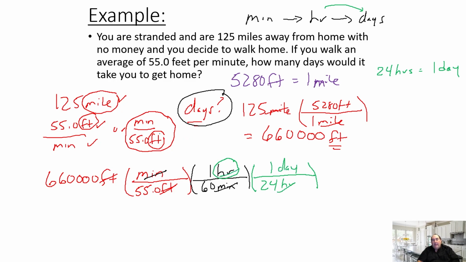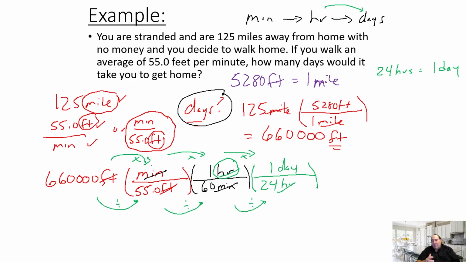The hours will cancel each other out. Again, we multiply whatever's up on top and divide by what's on the bottom.